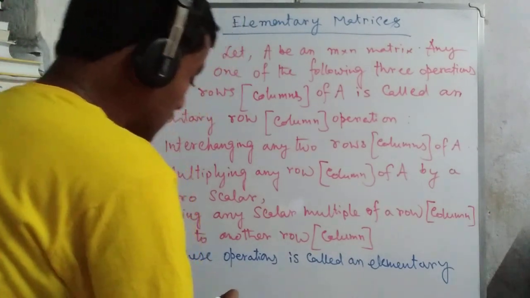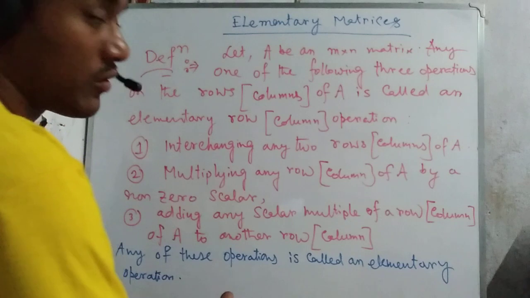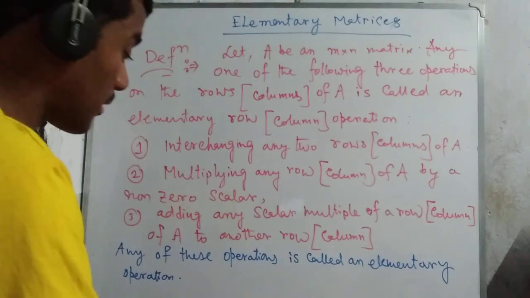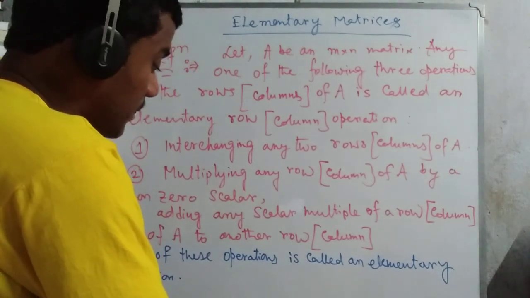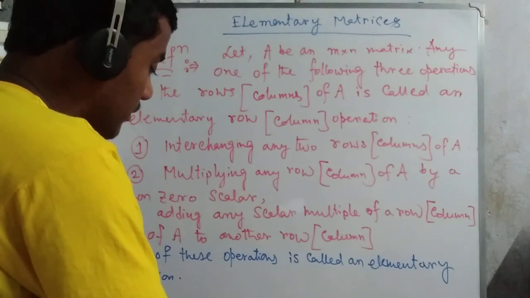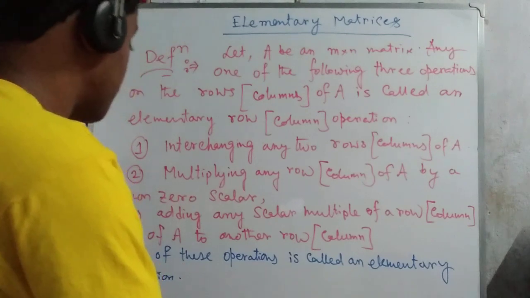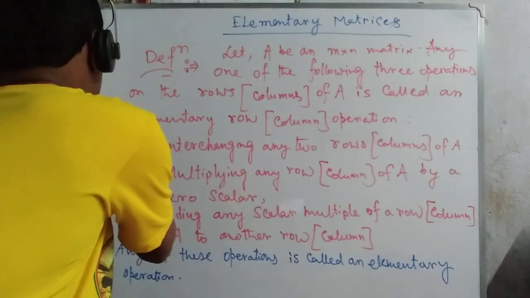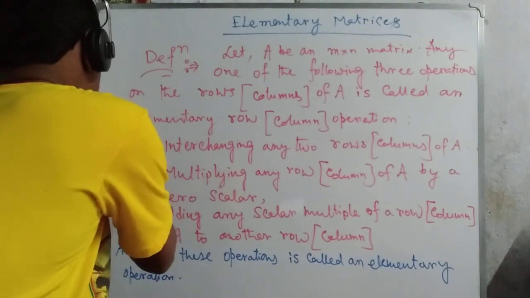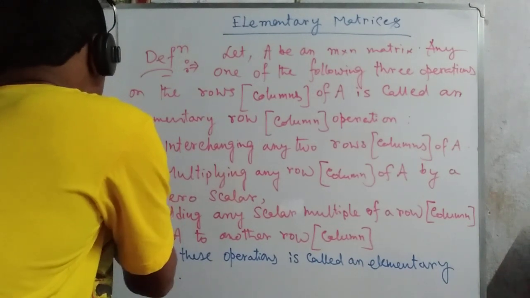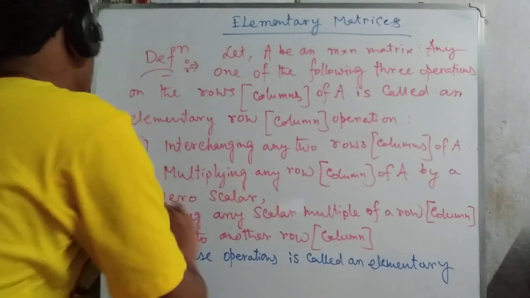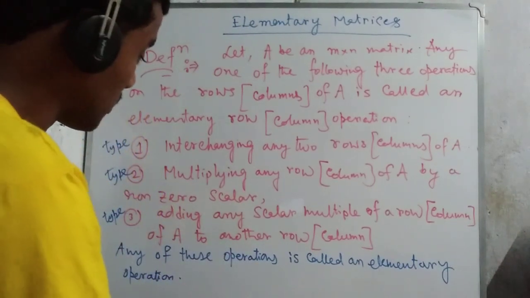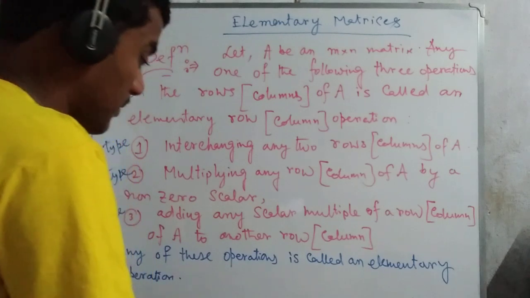And elementary operations are of type 1, type 2, or type 3, depending on whether they are obtained by operation 1, 2, or 3. So this one is type 1, this one type 2, and this one type 3 elementary operations. Not a problem at all.